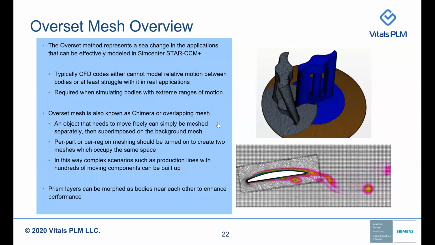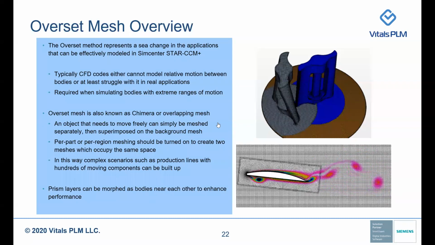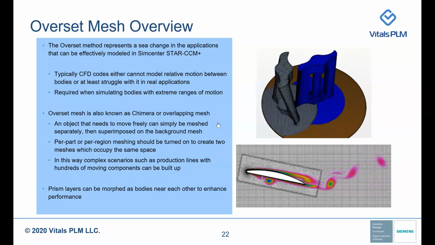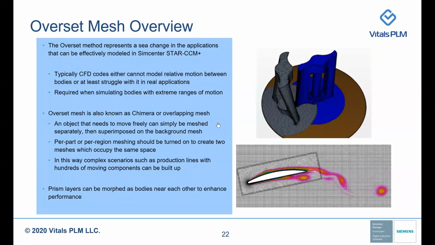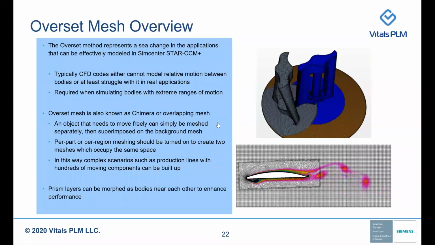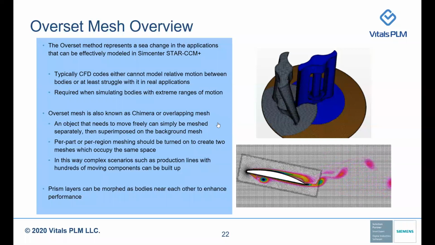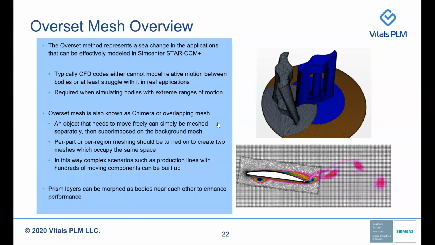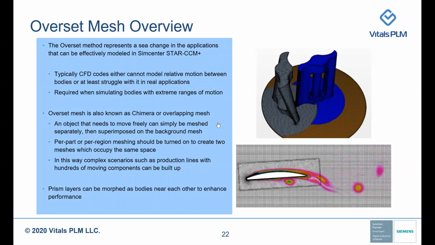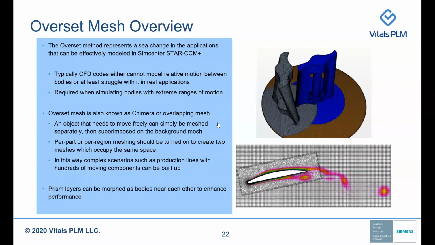This flapping airfoil is defined as a separate region, and it's superimposed on a background region having a different grid type. Here the flapping wing is modeled as an Overset region having a polyhedral mesh, and this is overlapped on a background region having a trimmer kind of mesh. And this is the key technique central to the Overset mesh.